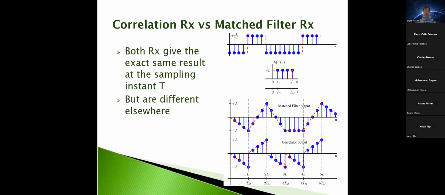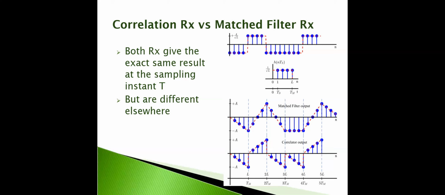So here's another thing that I found, and I'll provide you the links to this. Both receivers, the correlation or the match filter receiver, give you the same result at the sampling instant t, but are different elsewhere, right? So let's look at this.